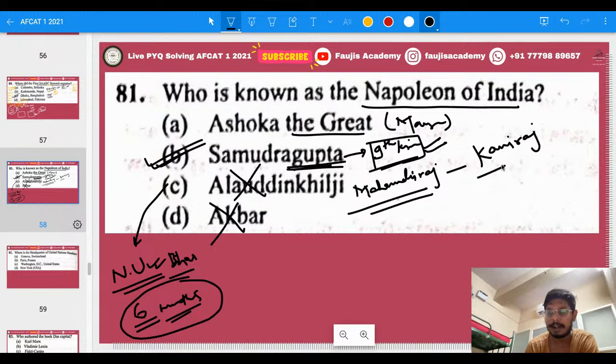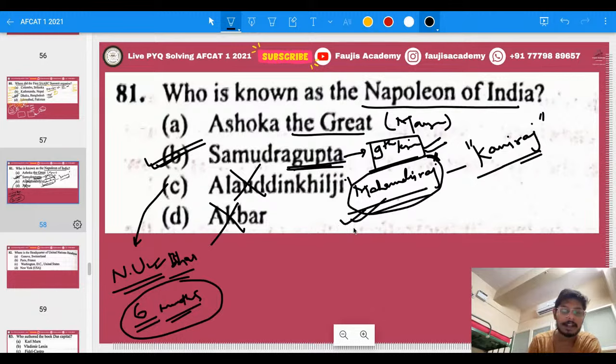Kavi means poet. He gave a lot of patronage to art and softer skills like poetry, so he was called Kavi Raj, the king of poets. And since he performed so many Ashvamedha Yagyas, he is named Maharaja Dhiraj.